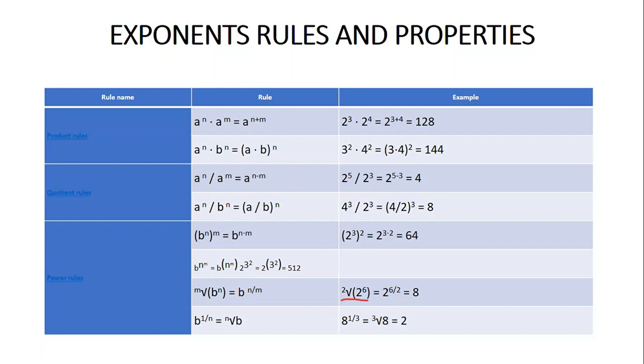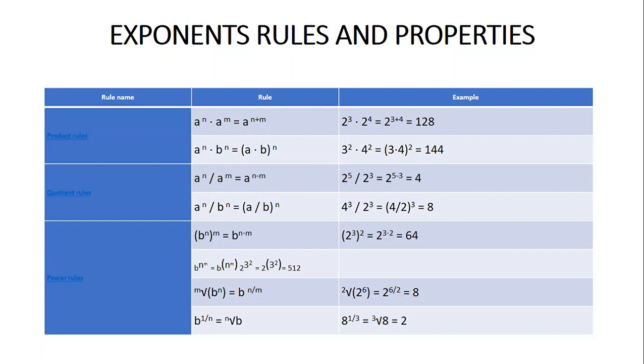Square root of 2 to the 6th power. Then keep the same base, is 2, and now transform the square root and the exponent in an exponent fraction. Then it's going to be 2 to the 6th over 2. 6 over 2 is 3, then it's 2 to the 3rd power. 2 to the 3rd power is 8.